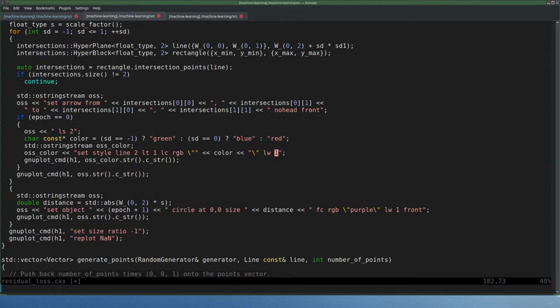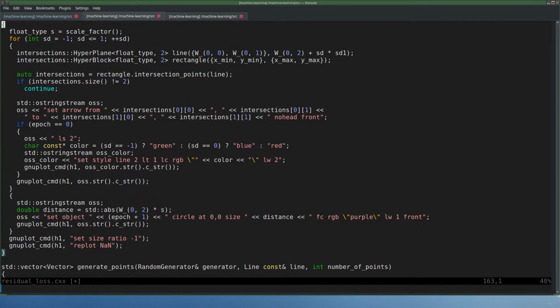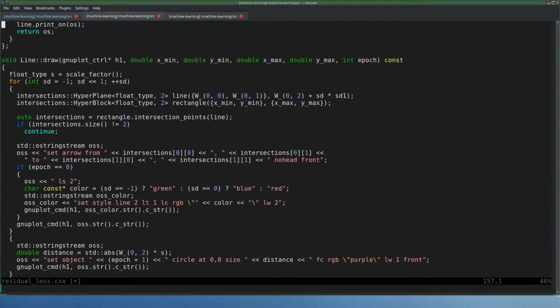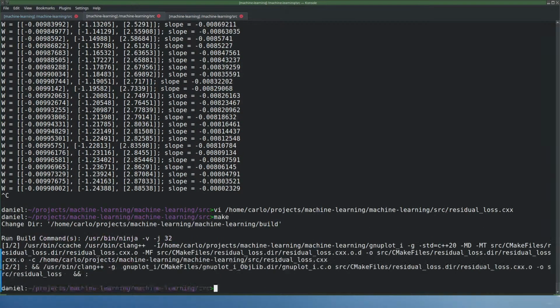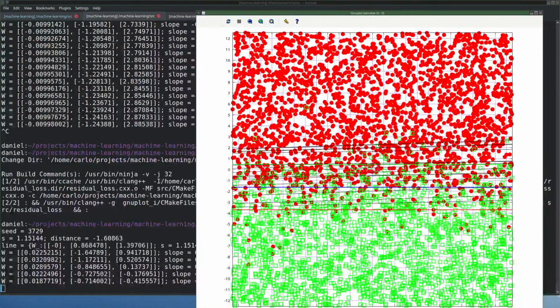We set the line width to make it a little bit more visible. What? Yeah, there they are.